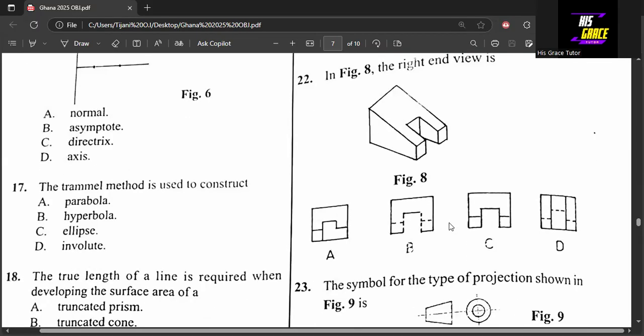Looking at this particular option, it is partially incorrect. It should be the right answer, but there's an error here. There's a line that's supposed to be drawn like this. This is drawn, but here they give us a short dashes line, which is not correct. Something is omitted here.